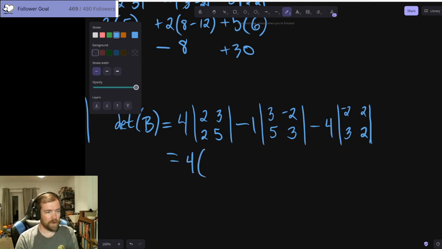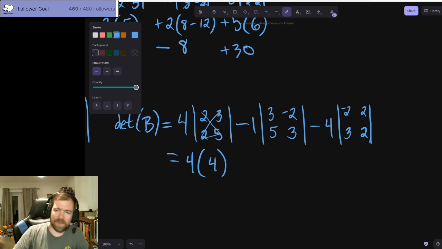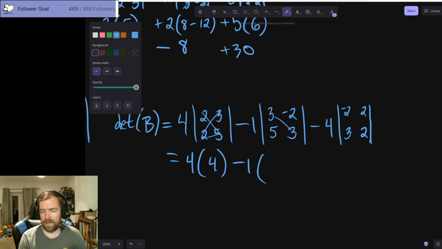So here we get a 4, and here we're going to get a 10 minus 6. It's going to be a 4. Here, this actual multiplication is slightly different, but unless I'm completely wrong, this should fix itself over time. It's going to be a -1 times 9 minus -10.